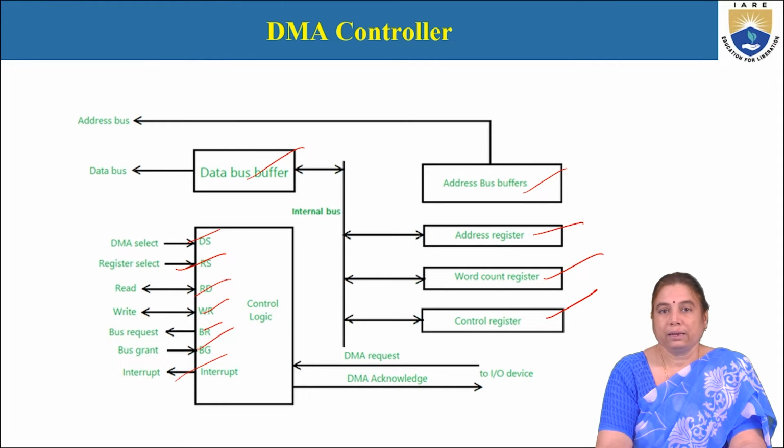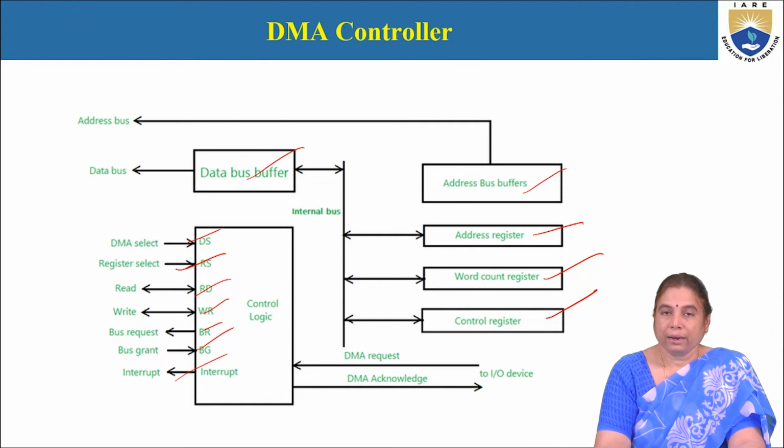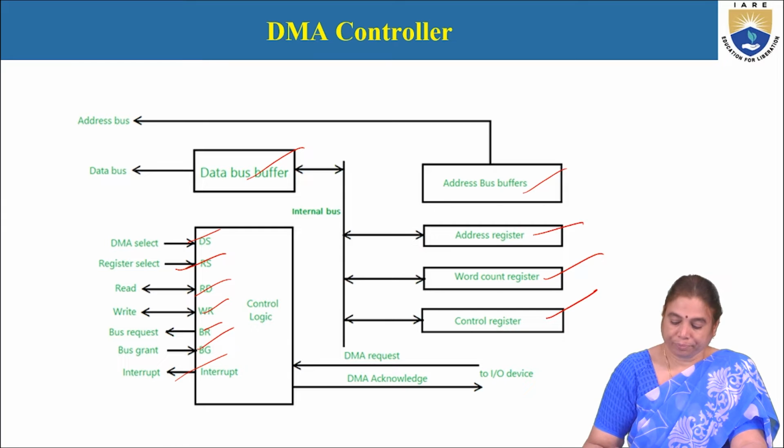So in this way, the DMA controller can use the control signals and the registers to transfer data directly from the peripherals to internal storage without intervention of the CPU.